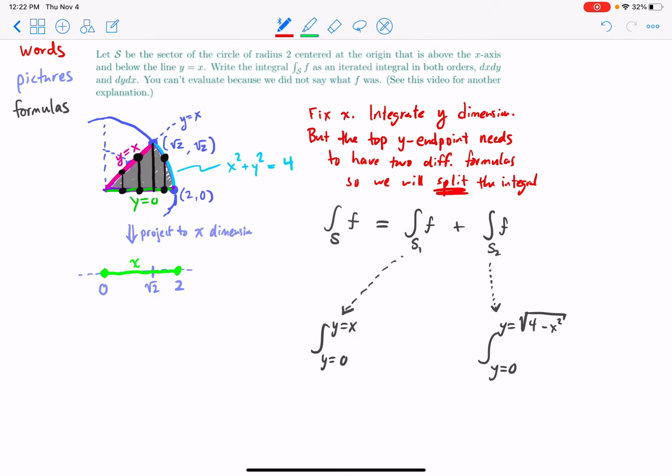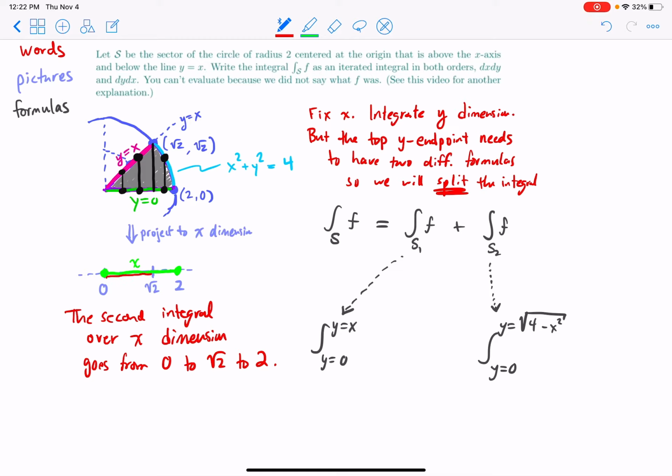And so in words, the second integral over the x dimension goes from 0 to root 2 to 2.